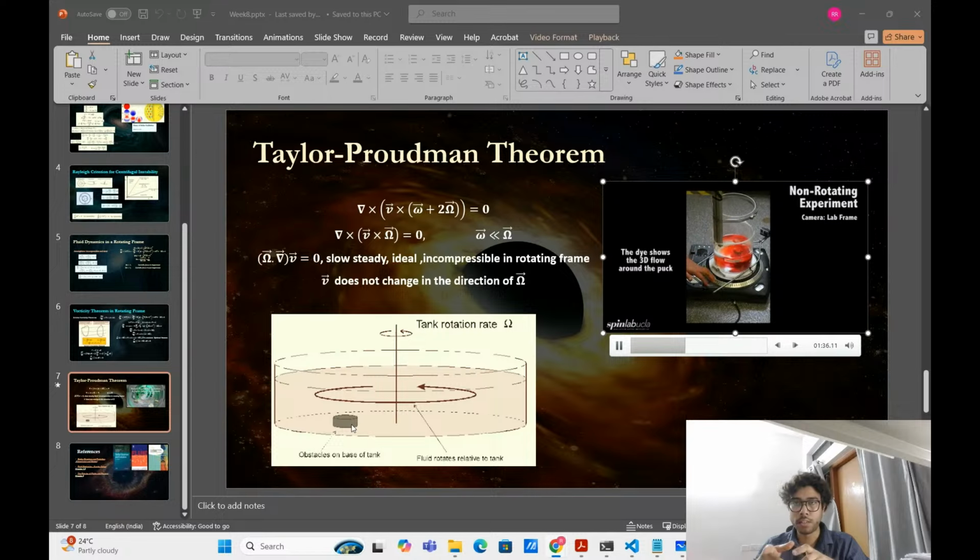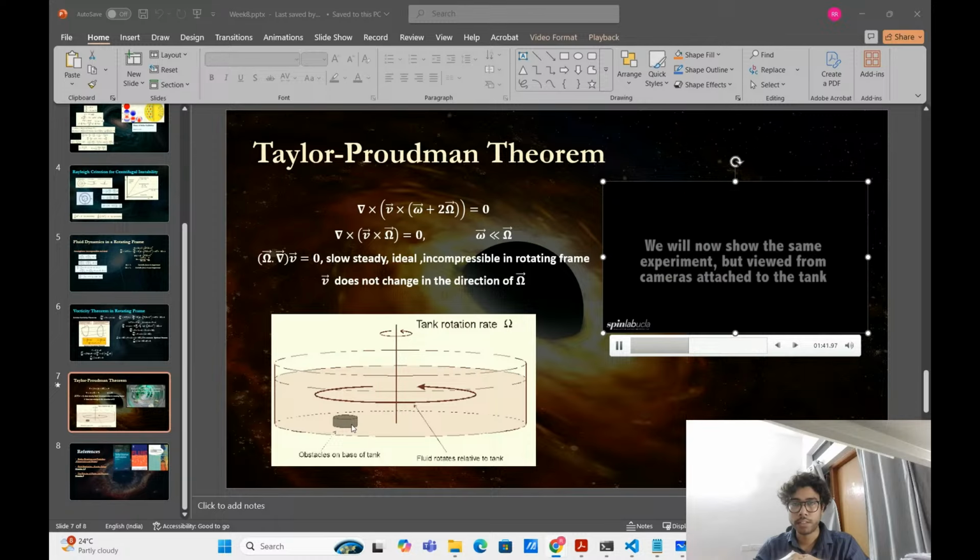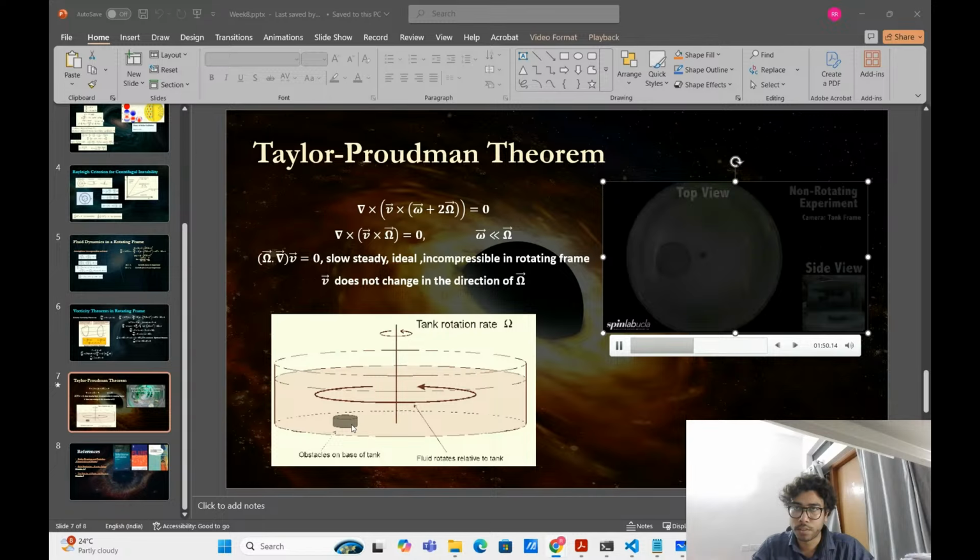So they put some dye on the fluid, and that's how they track the fluid particles, right? We studied streamlines, streak lines, and path lines, right? So these should be the streak lines.